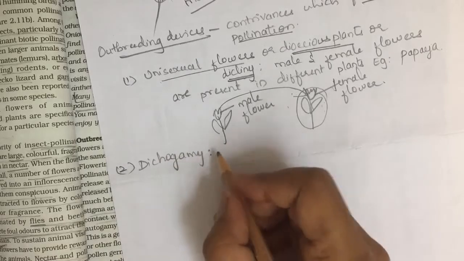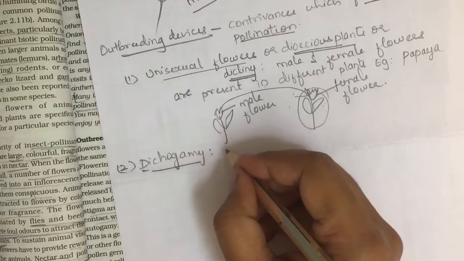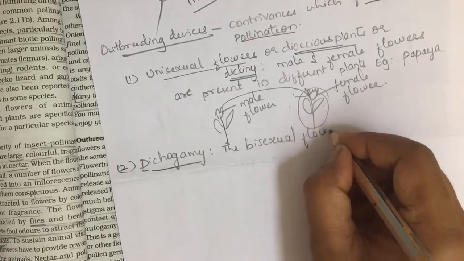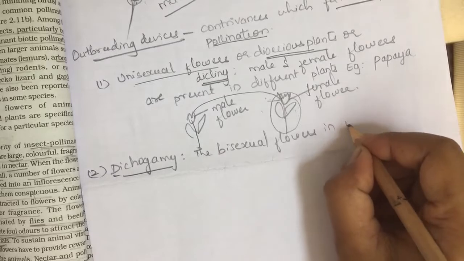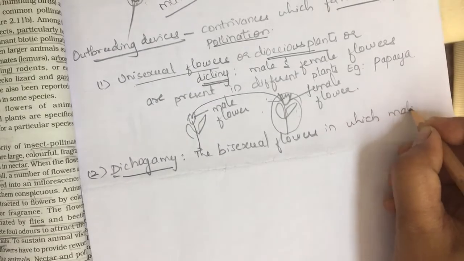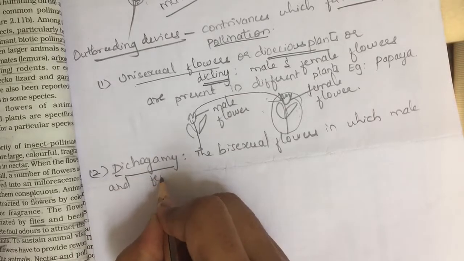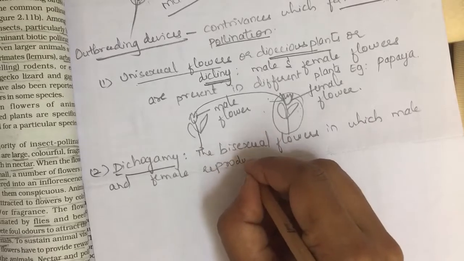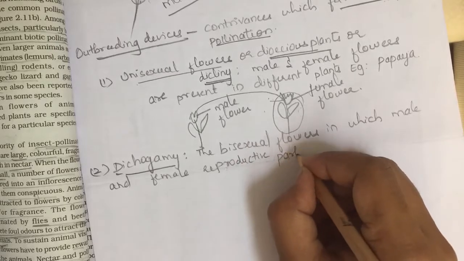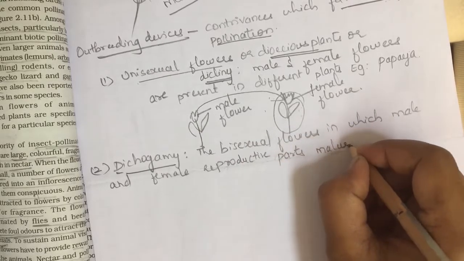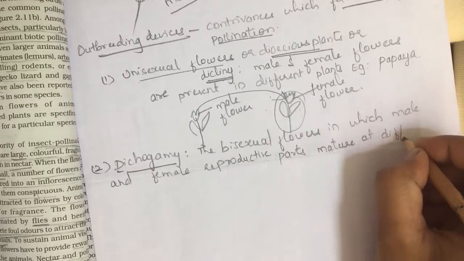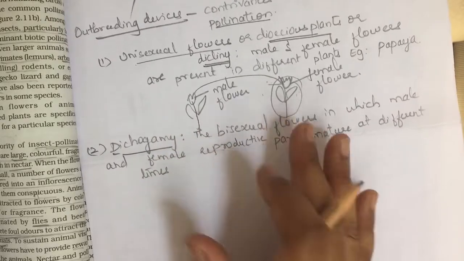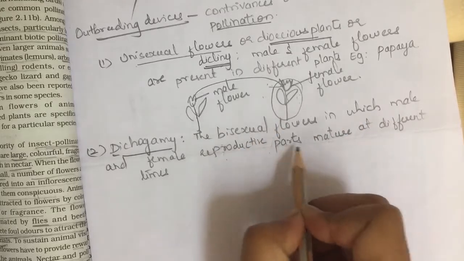Dichogamy. Okay, in dichogamy, di means two. Here, the bisexual flowers in which male and female reproductive parts mature at different times.